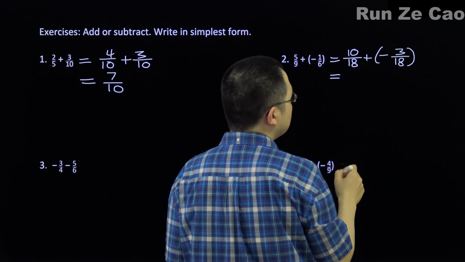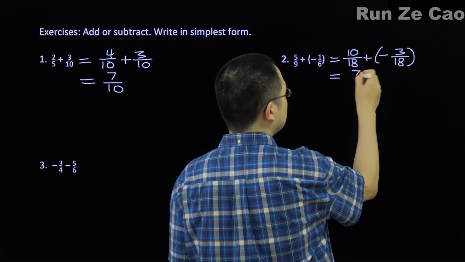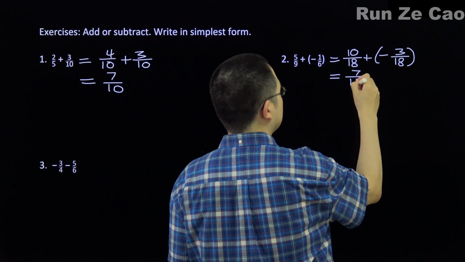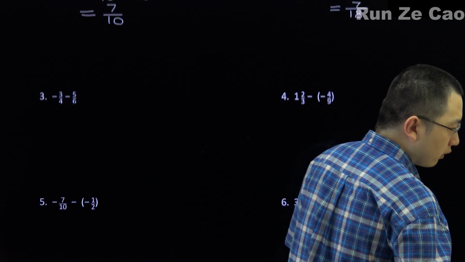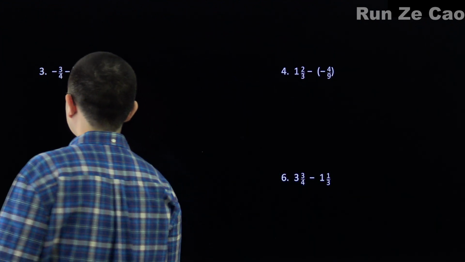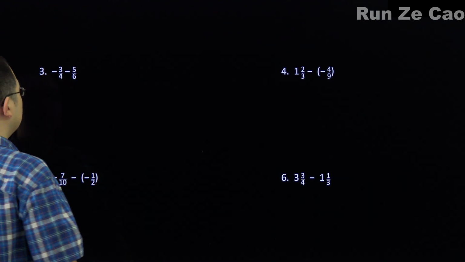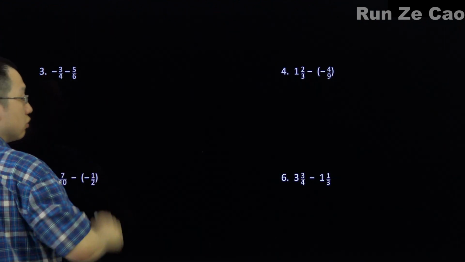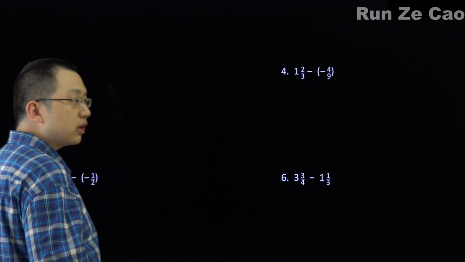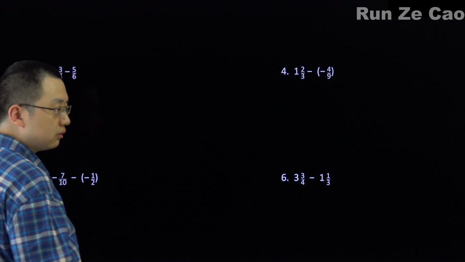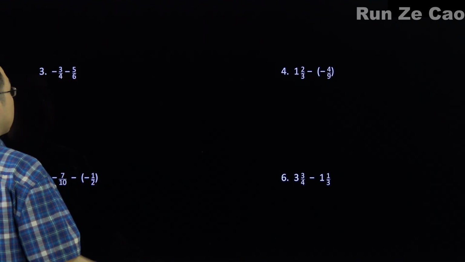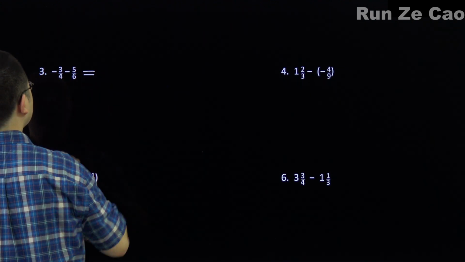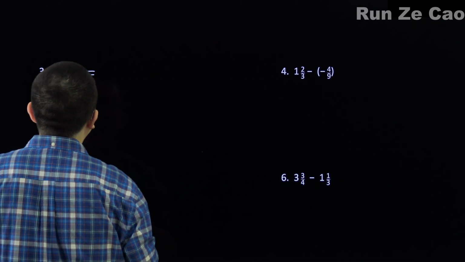So 10 minus 3 is 7 over 18. Now for negative 3 over 4 minus 5 over 6, we've got a 2 by 2 and a 2 by 3, so the lowest common multiple, or in this case lowest common denominator, is 2 by 2 by 3, which means 12.